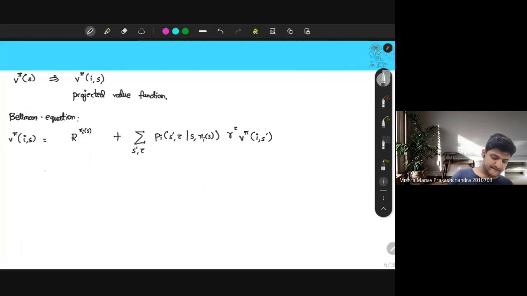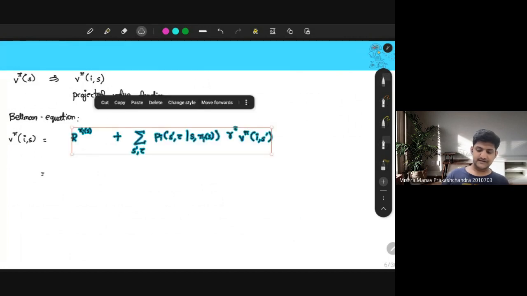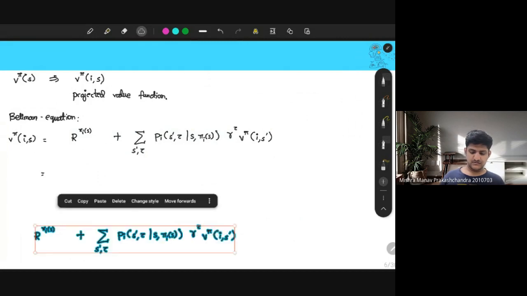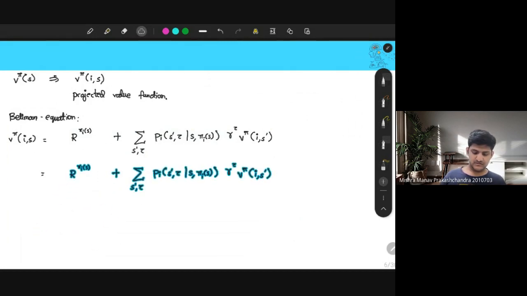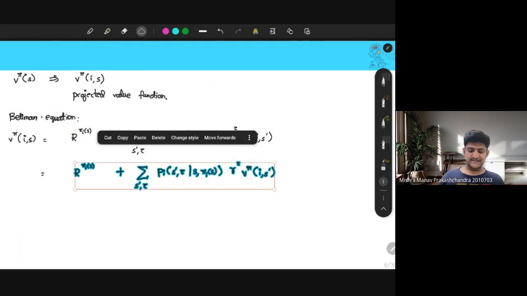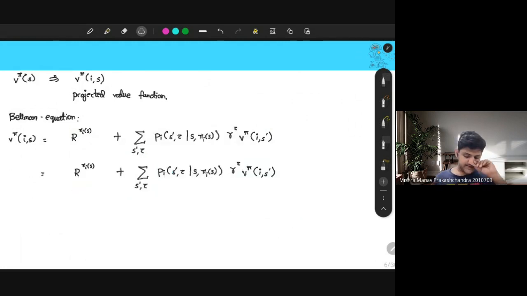Notice, if I just copy this line, so if this is clear, notice what R of pi i given s is: the reward that I get on executing the action at state s, which is the initial state that I have.